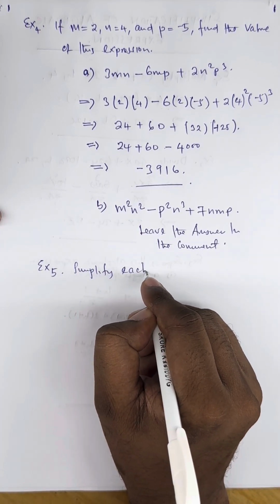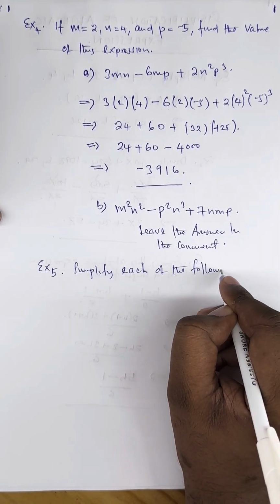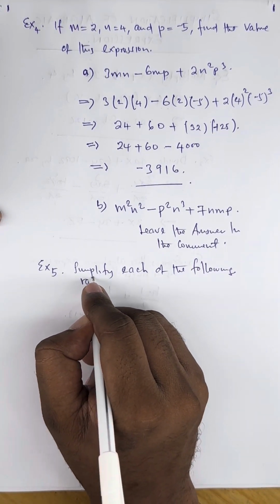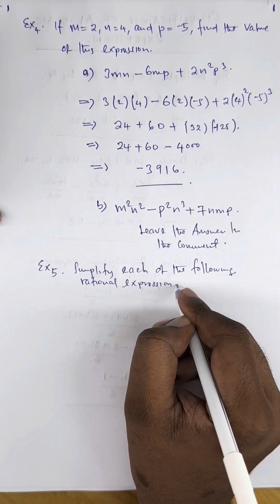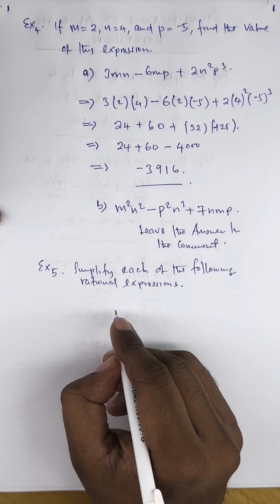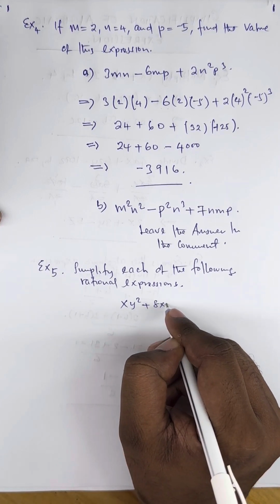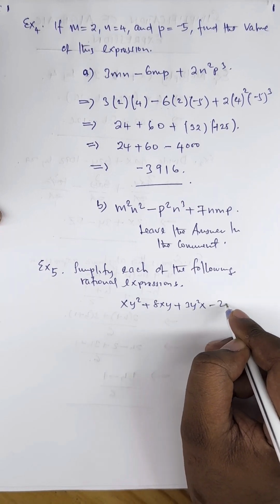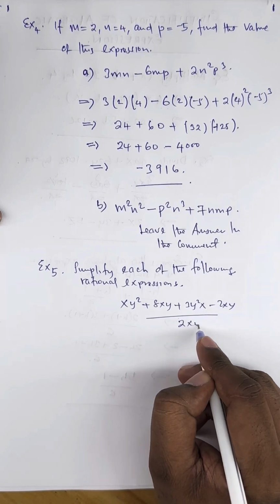We have been told to simplify each of the following rational expressions. We have more than 7 expressions in this topic, but I'll just solve one. So we have been given xy square plus 8xy plus 3y square x minus 2xy, divided by 2xy.